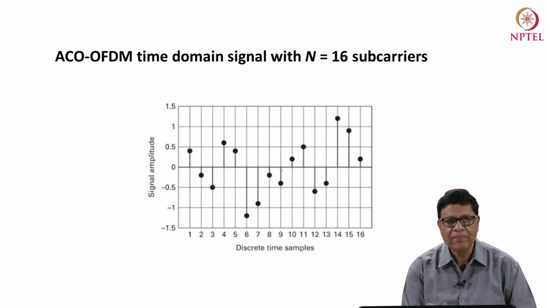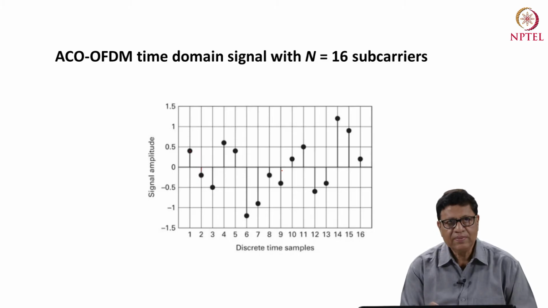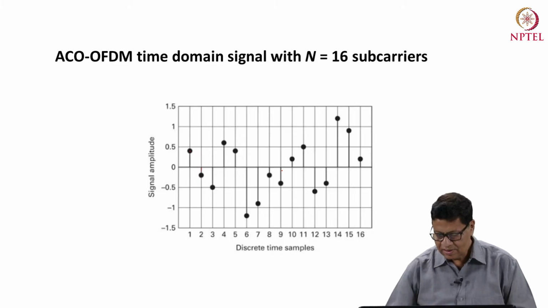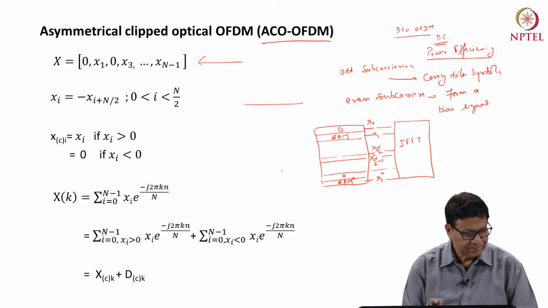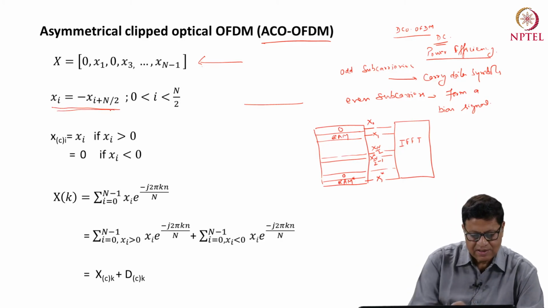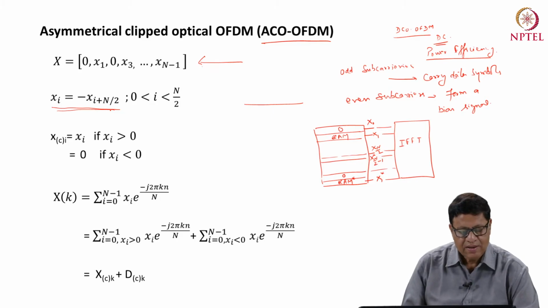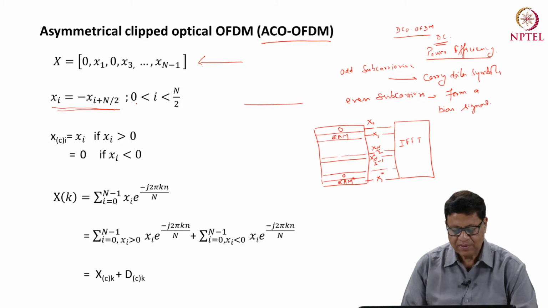So it is exactly the opposite of the signal amplitude at different time instants. So in one symbol you will see the antisymmetric property of ACO-OFDM, which is described by this: x_i equals minus x_(i+N/2), where i is between 0 and N/2.